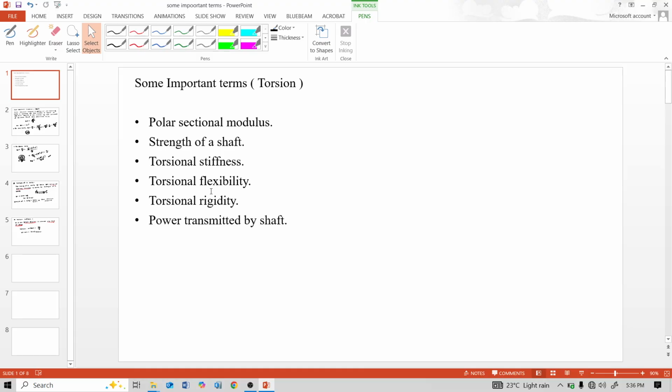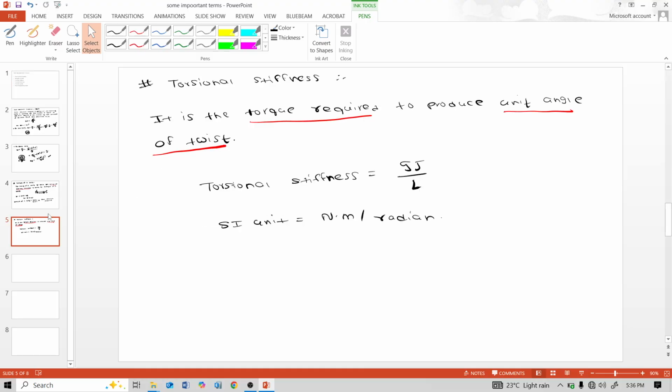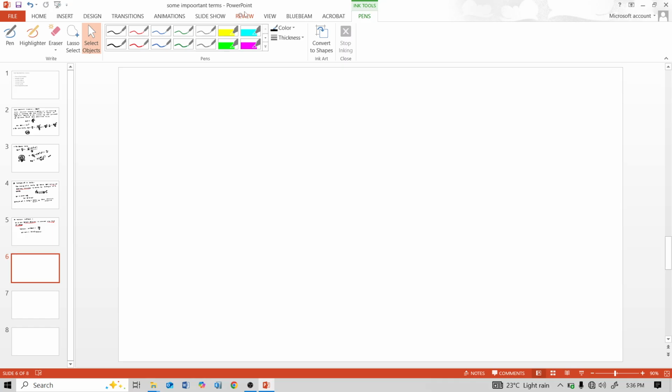Next, torsional flexibility. Torsional flexibility is opposite to torsional stiffness. So, torsional flexibility is equal to 1 upon torsional stiffness. It is the angle of twist produced by unit torque applied.